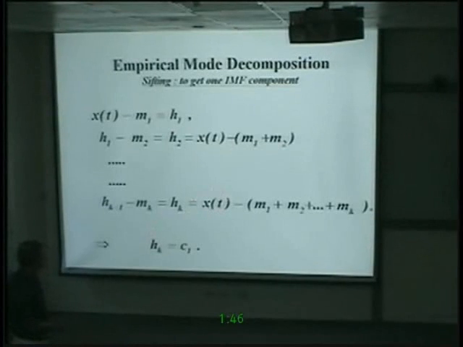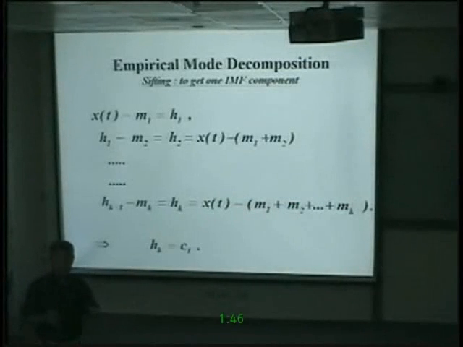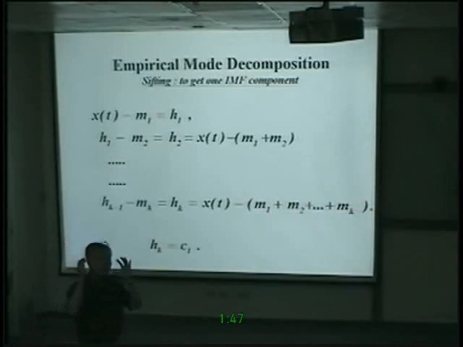Essentially what you did was x minus m1 minus m2, and so on, up to m_k. So each time that I do this envelope, mean, and adjustment, I add an extra term to it. All of these m's are the result of empirical envelopes.